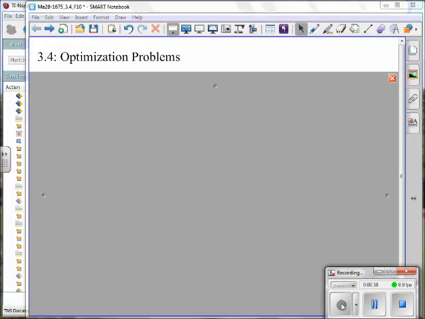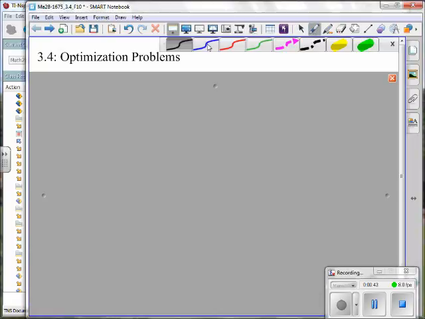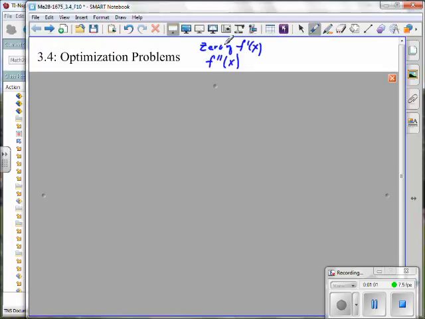Or we can use the second derivative test. So if I have zeros of the first derivative, these are possible extrema, otherwise known as critical numbers of the function, and I find my second derivative, and I find that those zeros of the first derivative make the second derivative positive, what's the graph doing?